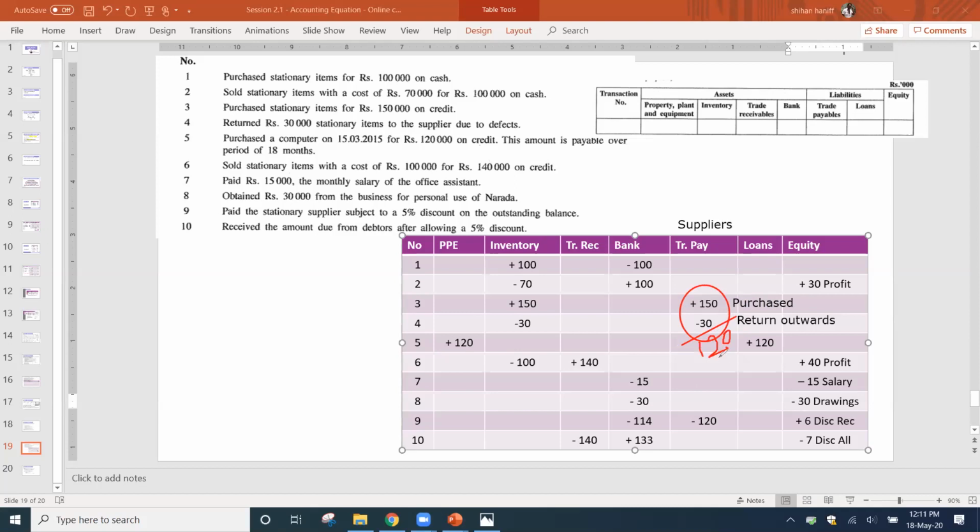And when we pay this, we are getting 5% discount. So how much is 5% discount? 6,000. So after the discount, we will pay only 114. So creditor was fully settled by paying 114 and discount received 6,000.